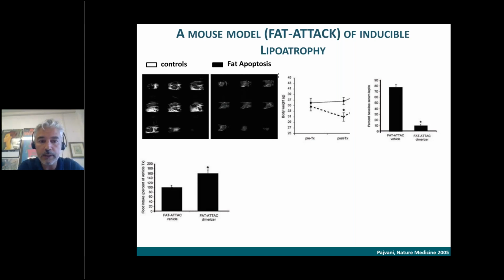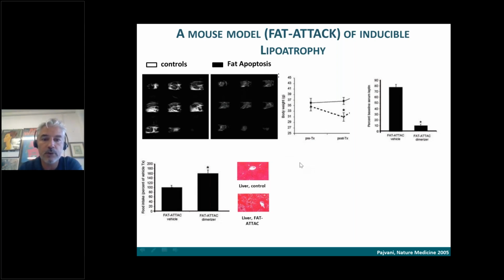increases its appetite. And since the appetite is increased, what we call hyperphagia, and there is no place where we can put the extra calories in the body because we don't have fat tissue, now the fat starts accumulating ectopically in other organs.